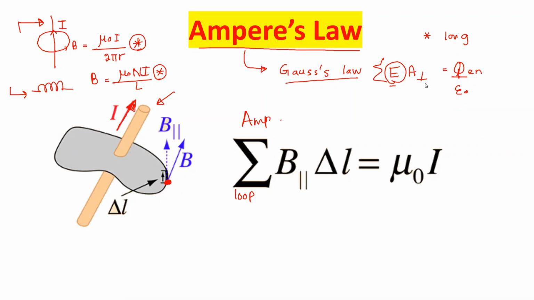So here, what we did was we multiplied electric field and the perpendicular area, right? But here what we do is we find the parallel B component and the length corresponding to it. And we keep on doing it to the whole length.